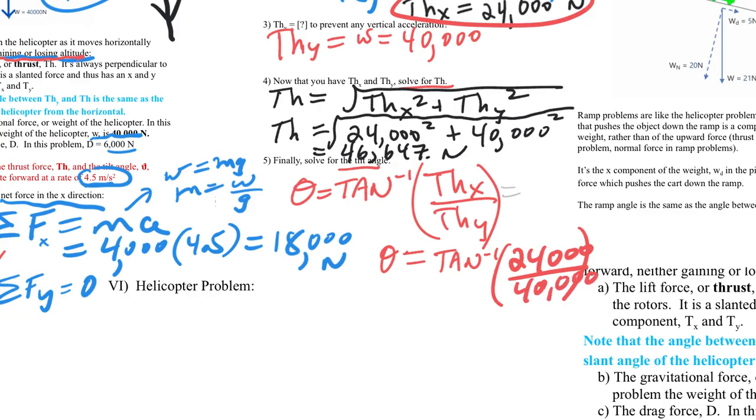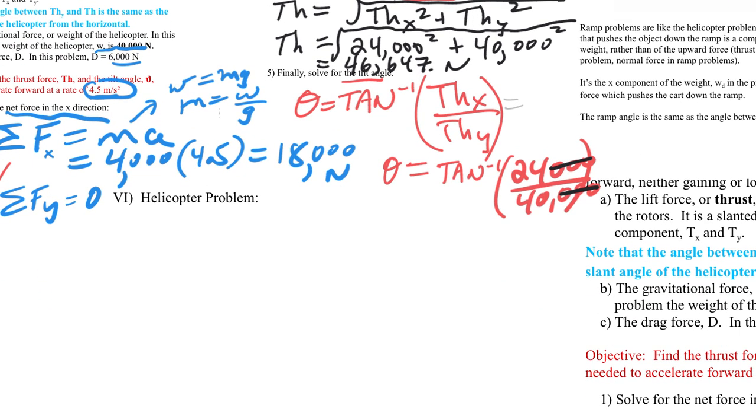So I can just cross out the 3 zeros on top and bottom. So what's inverse tangent of 24 over 40? I get 31 degrees being the tilt angle that's shown on that picture.